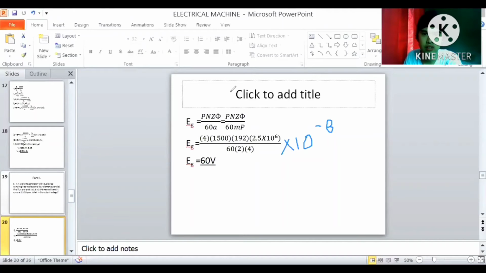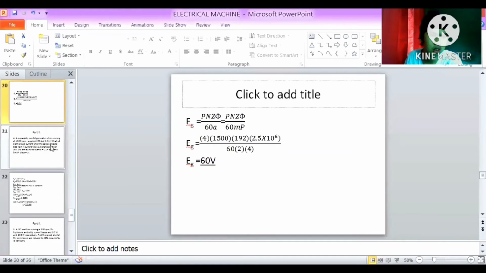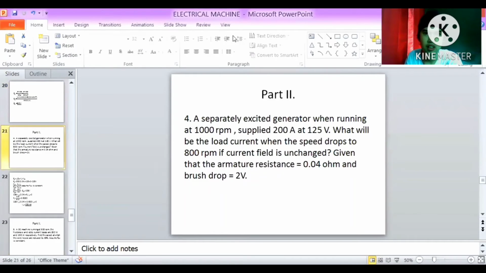So next is number 4. A separately excited generator when running at 1000 RPM supplied 200 amperes at 125 voltage.